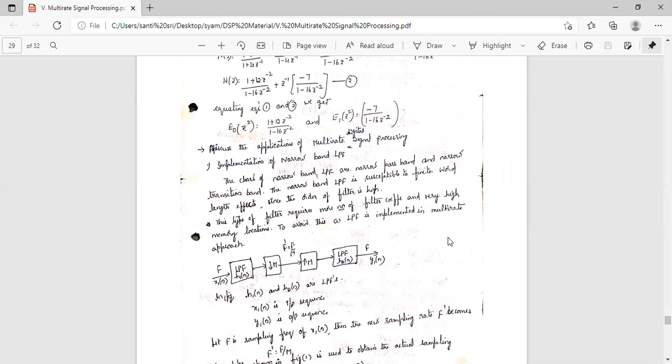If you take the decimator and interpolator, the upsampler and downsampler are both there. The low pass filter, that is the anti-aliasing filter, is introduced in the decimation process, and in the interpolation process, after the upsampler, we introduce the anti-imaging filter.